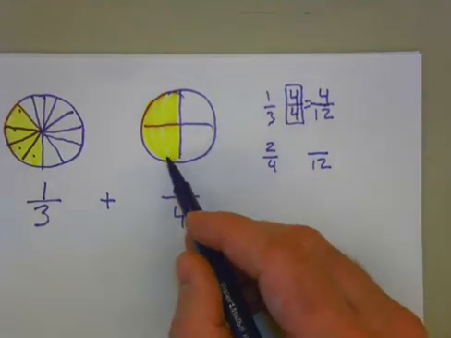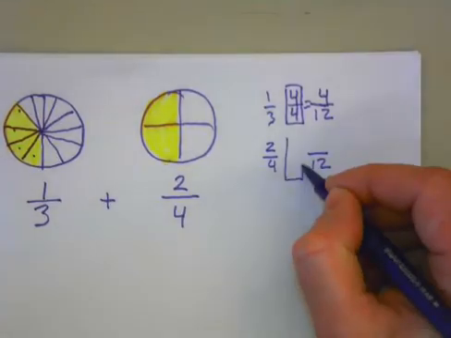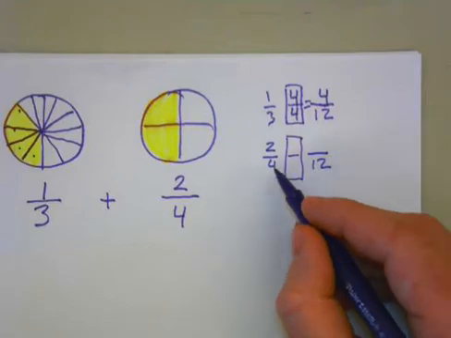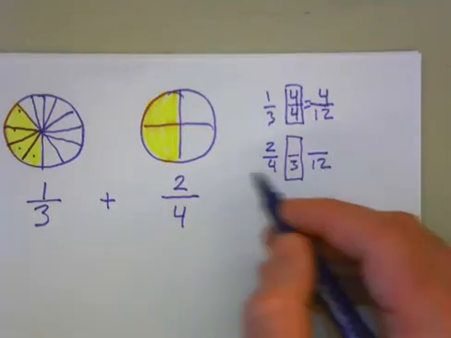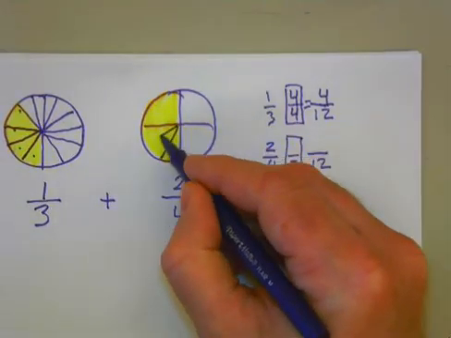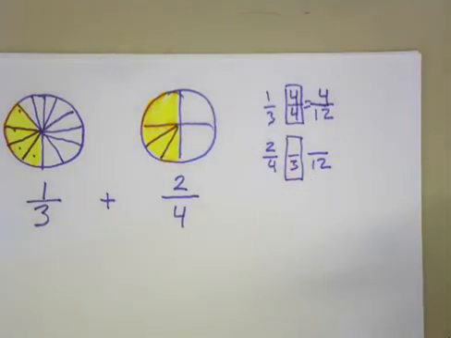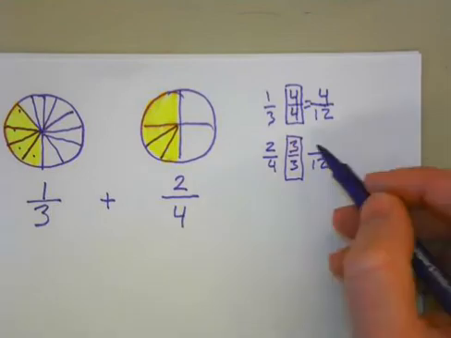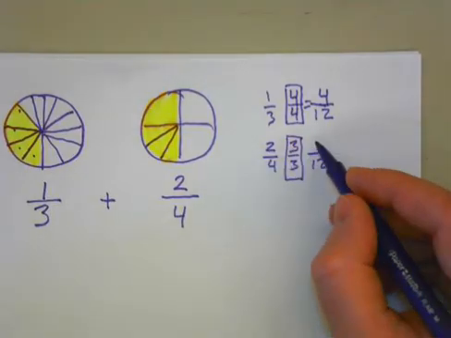For these pieces, use the giant 1 strategy. 4 goes into 12 how many times? 4 times 3 is 12, meaning that each piece gets split into 3 pieces. And 3 over 3 is 1. Giant 1, 2 times 3 is 6.